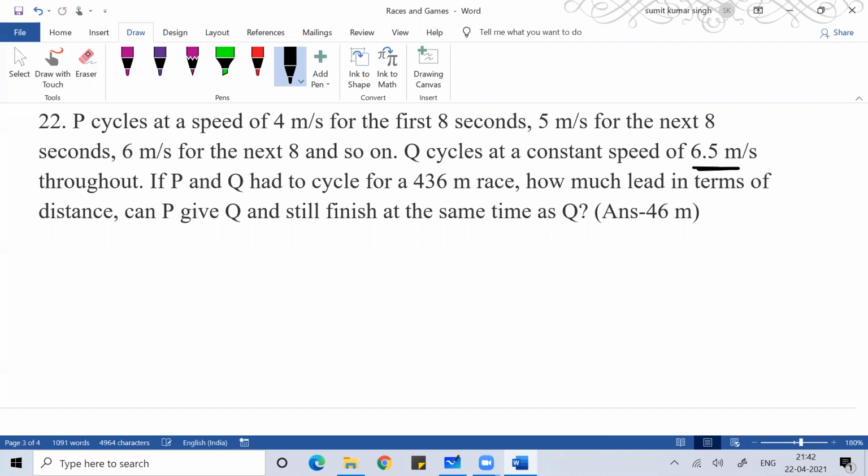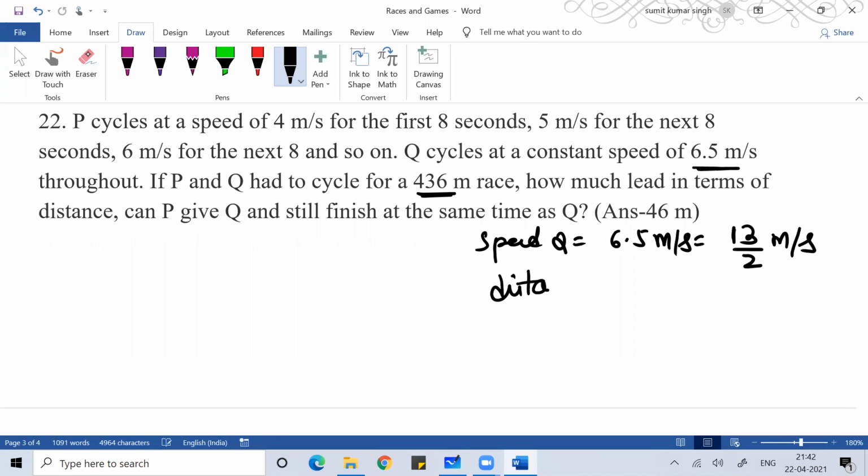If P and Q had to cycle for 436 meter, how much is the speed? The speed of Q is 6.5 meter per second or 13 by 2 meter per second, and the distance that Q has to cover is 436 meter.